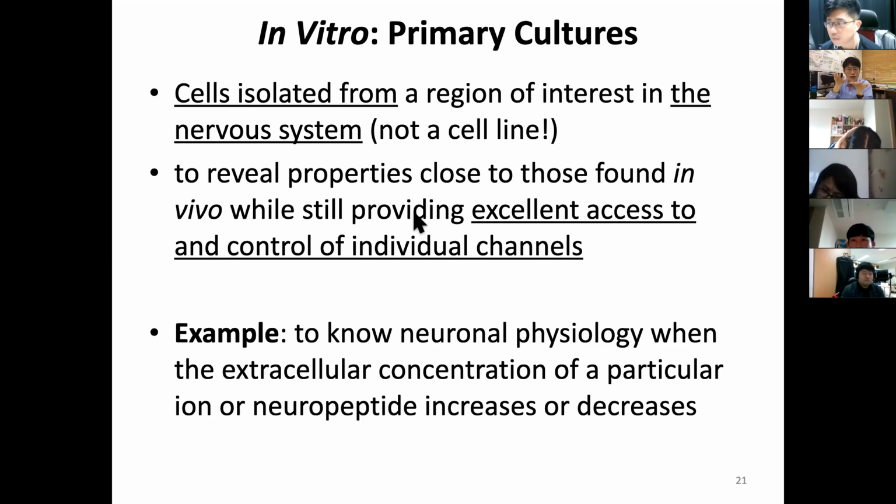When you take the cells out, you have excellent access, and you can control these individual channels by putting drugs into the bath, changing the environment, and directly measuring. That's a great advantage for studying, for example, neuronal physiology when the extracellular concentration of a particular ion or neuropeptide is increasing or decreasing. So neurophysiology can be well studied.